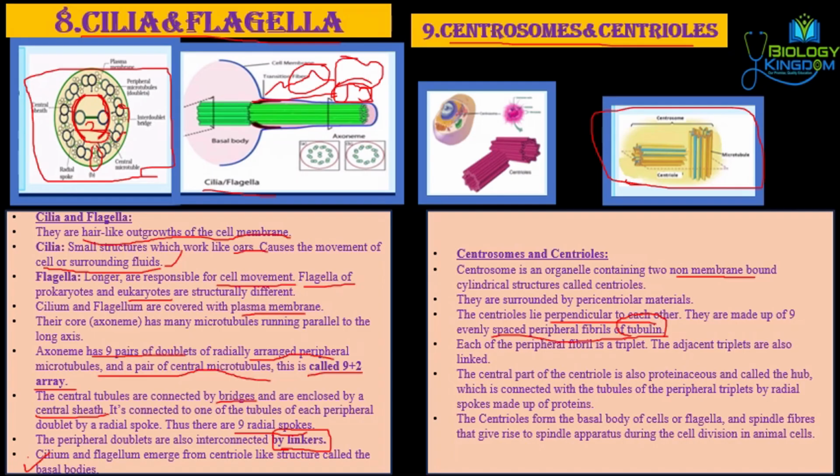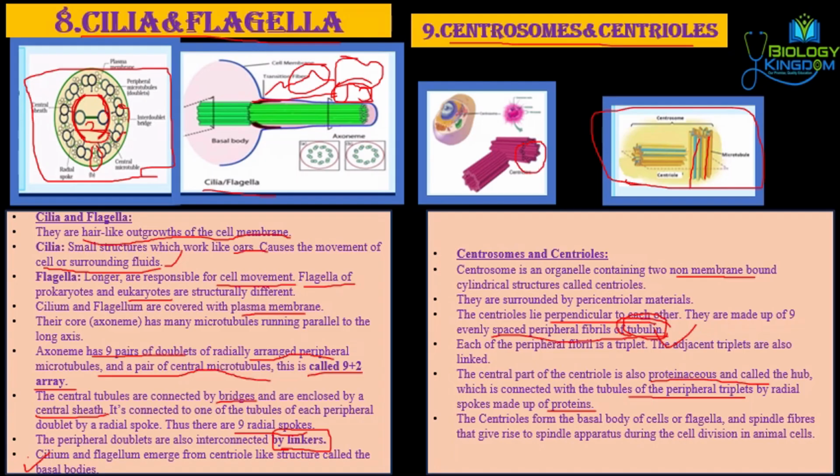Here we have a central part of the centriole called the proteinaceous hub, which is connected by peripheral triplets by radial spokes of protein known as tubulin. These tubule-like structures are microtubules, connected by a radial hub of proteins. That protein name is tubulin. This central part is the centriole.